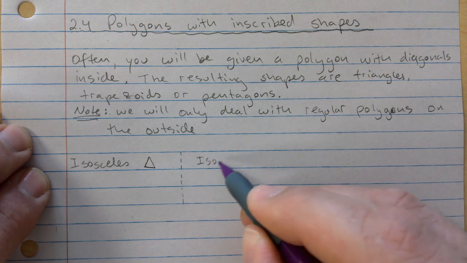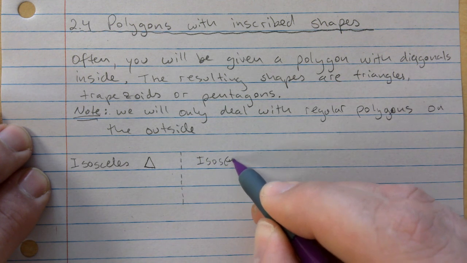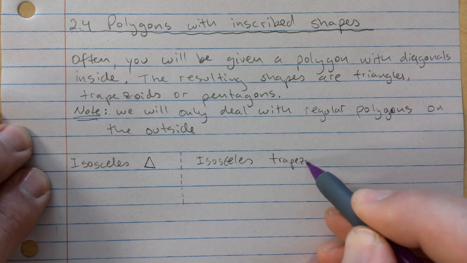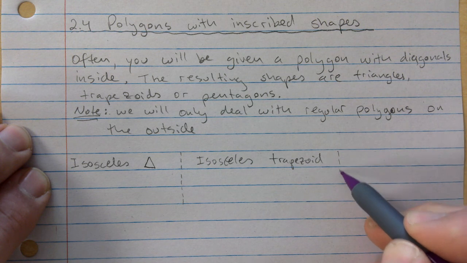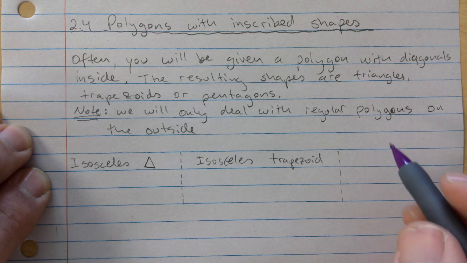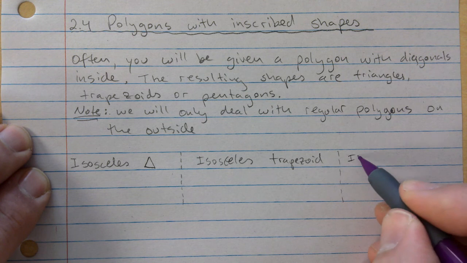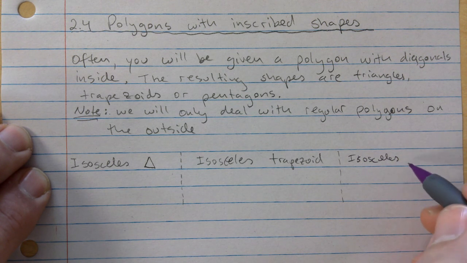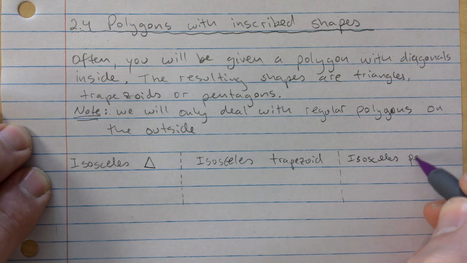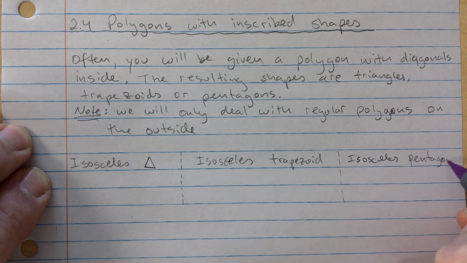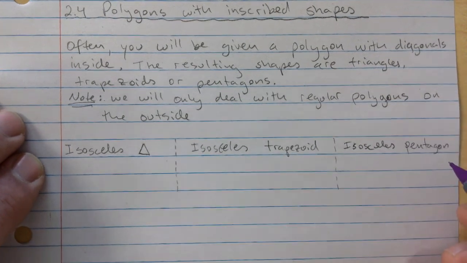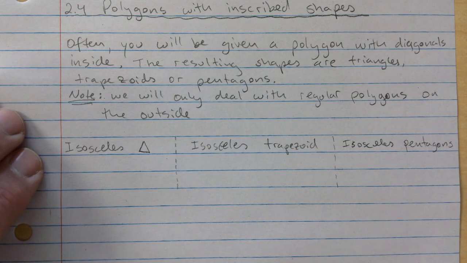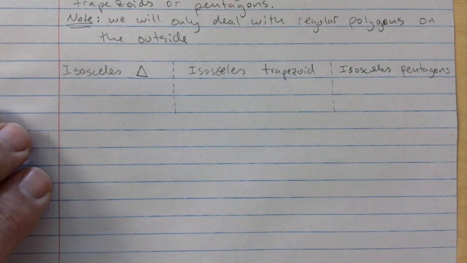You have an isosceles trapezoid, and then a line here, isosceles pentagon. Yes, there are such things as isosceles triangles, trapezoids, and pentagons. Okay, they all have similar properties.